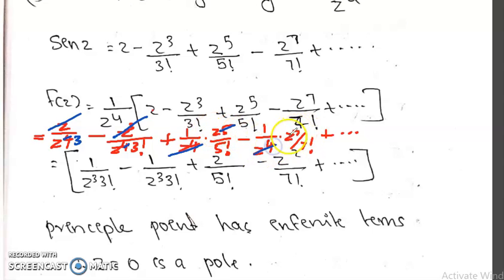Here z power 4 becomes z cube, so you get 1 by z cube.